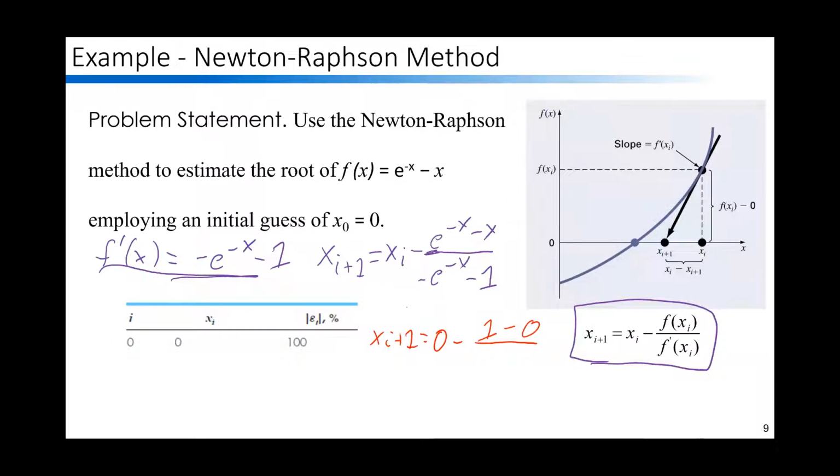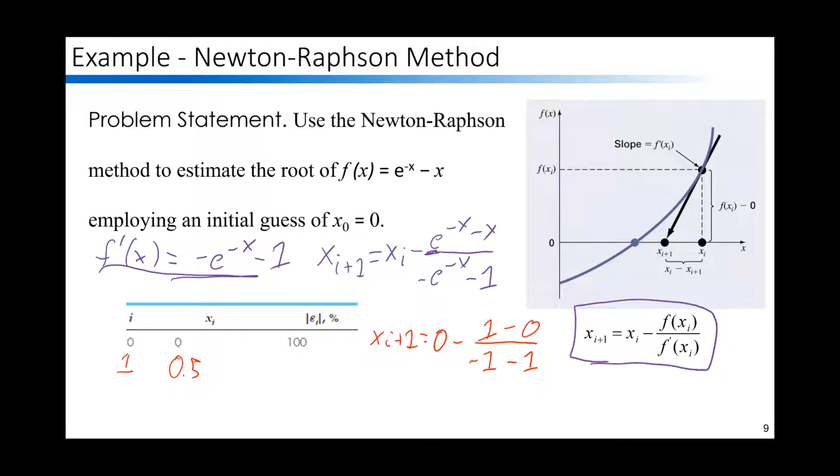We now have on the bottom negative e to the 0, which is still 1, so minus 1 minus 1. So we get in total 0 minus 1 over negative 2, which is 1/2. So for iteration 1, we have an x value of 0.5.